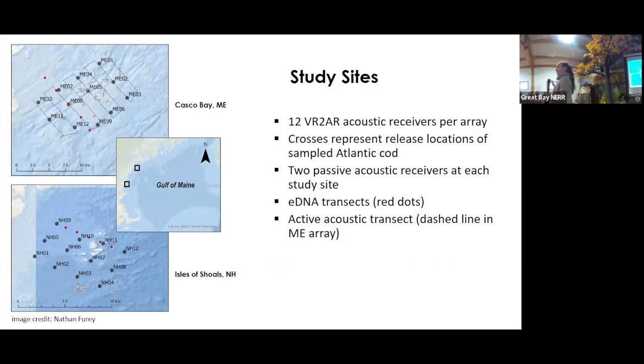Our two study sites are in Casco Bay in Maine and in the Isles of Shoals in New Hampshire. Each study site has 12 receivers, as well as two passive acoustic receivers, so hydrophones, as well as an eDNA transect, which you see in red dots, which Dr. Allison Watts is kindly helping us with, as well as active acoustic transects.